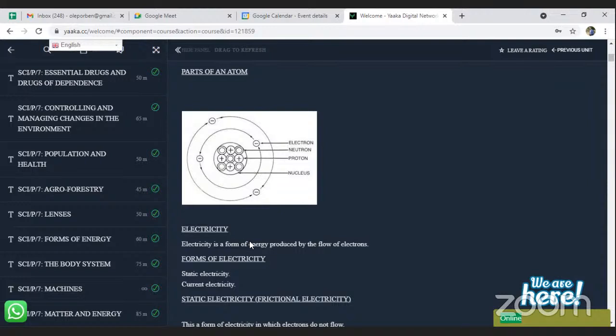Okay, so this is now electricity. Even I am going to change this definition of electricity, because not all types involve the flow of electrons. With static, it doesn't involve the flow of electrons. So that is why we shall be using the other one.